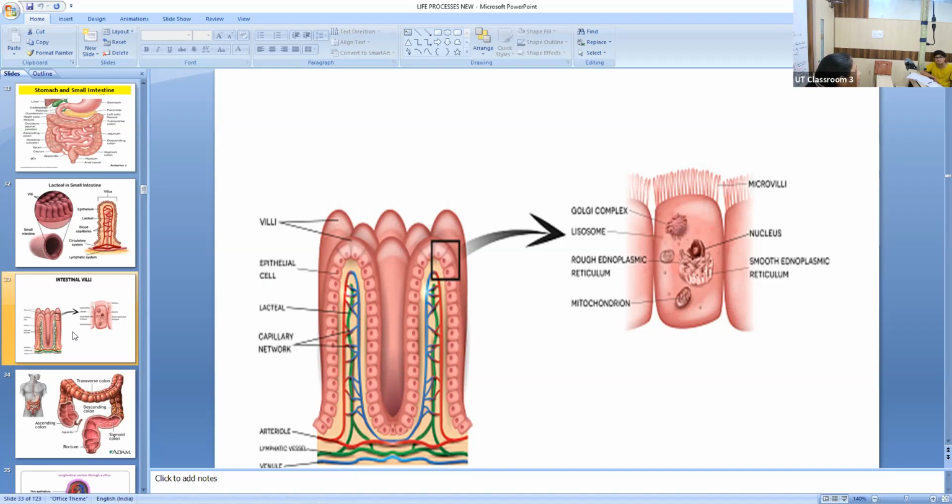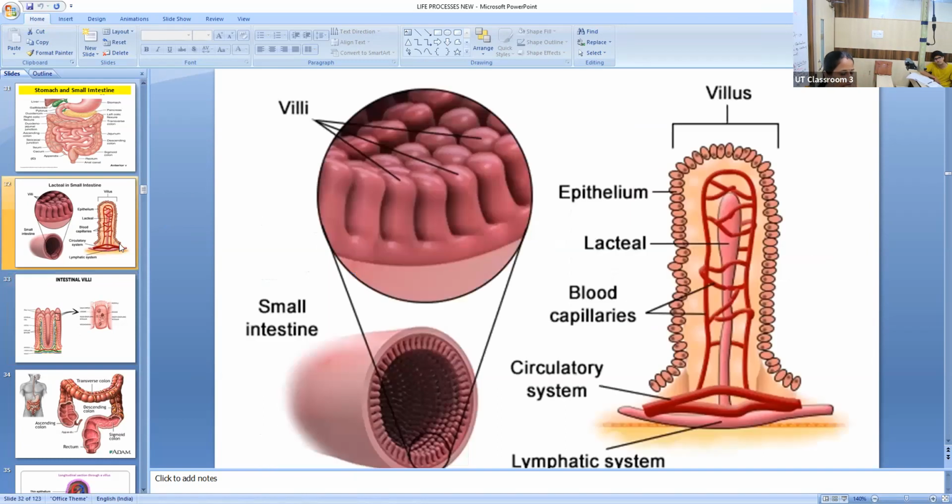And the more the membrane, the more the molecules can undergo the process of diffusion to come into the blood. So this is what I show you here. Now that I talk about this single villus, what does it consist of?